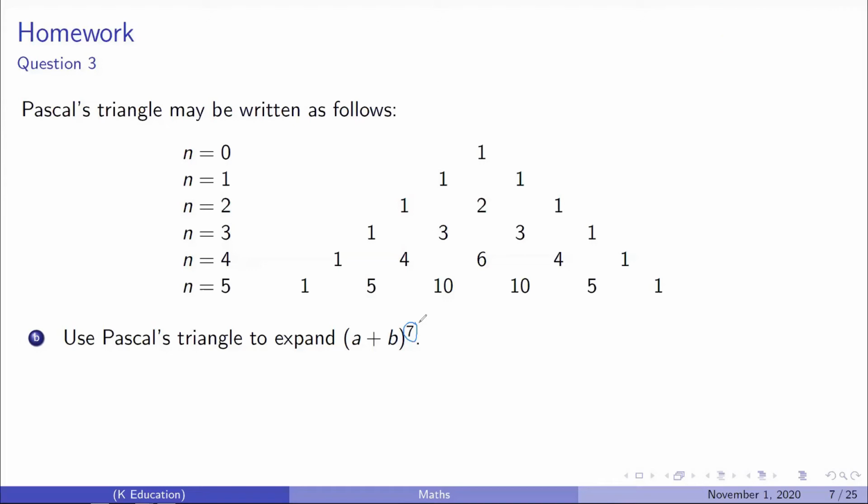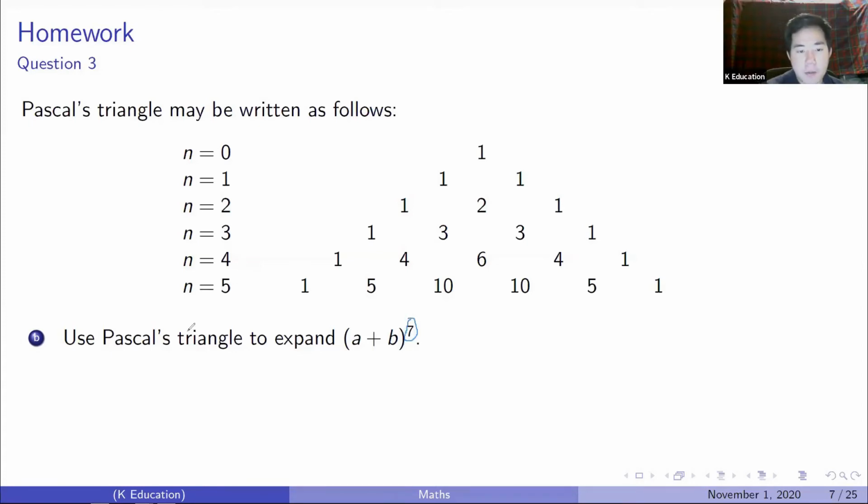Because there's like 6 in there, and I'm not too sure. Okay, so whatever the power is, that's the row you need to look at, which in this case is the n equals 7 row. First of all, let's get the n equals 6 row, because then you can work out the n equals 7 row. How do you get the n equals 6 row from the triangle here?